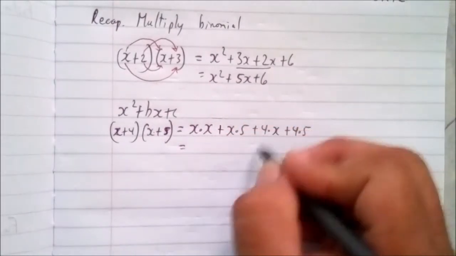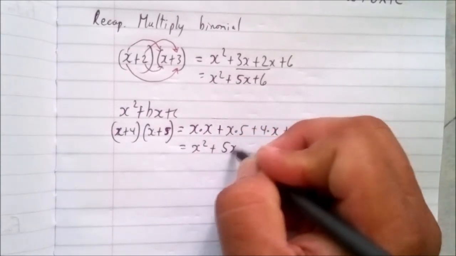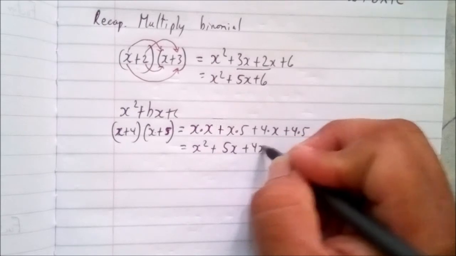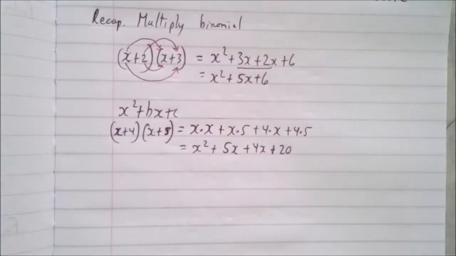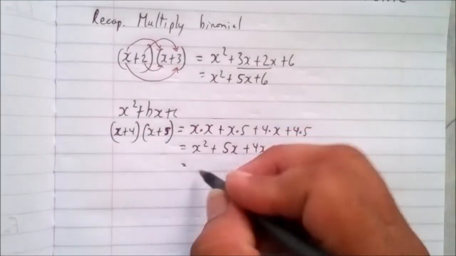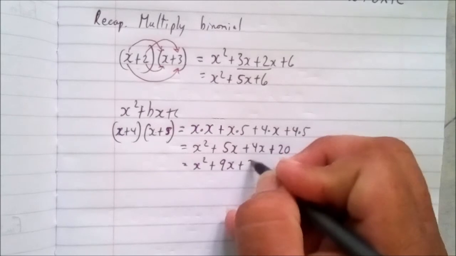When we end up, this gives us x squared plus 5x plus 4x plus 20. Notice what we got, all right? Then the next step will be x squared plus 9x plus 20.